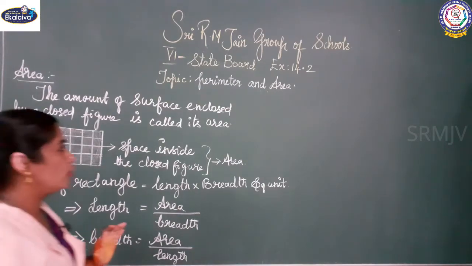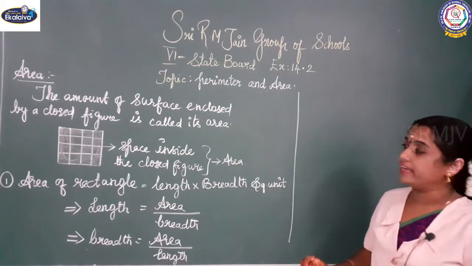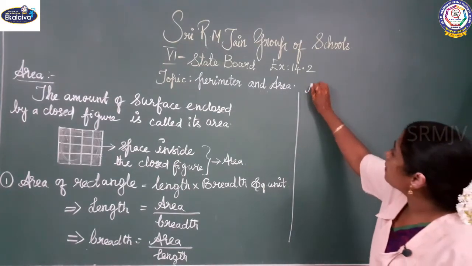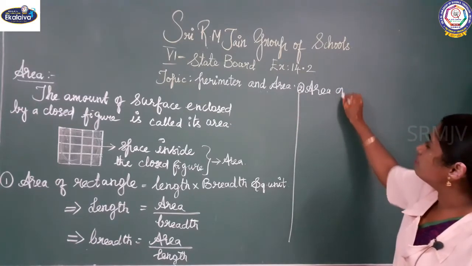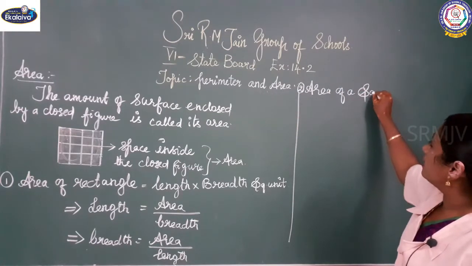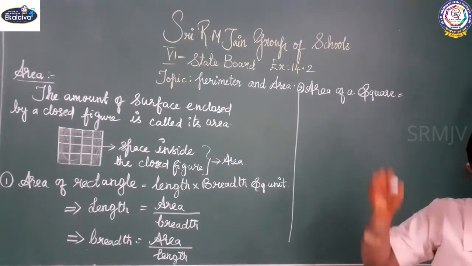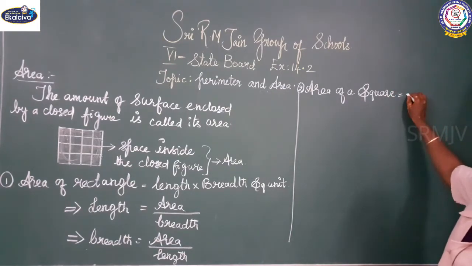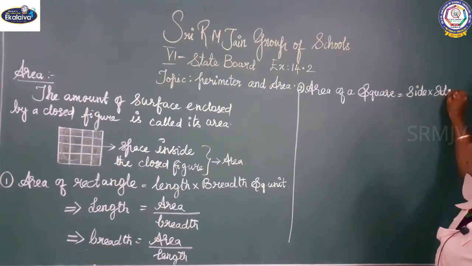Next, I am going to find the area of a square. What is the area of a square? Second one. Area of a square is equal to, see, for the square you have the side. So, side into side, square unit.